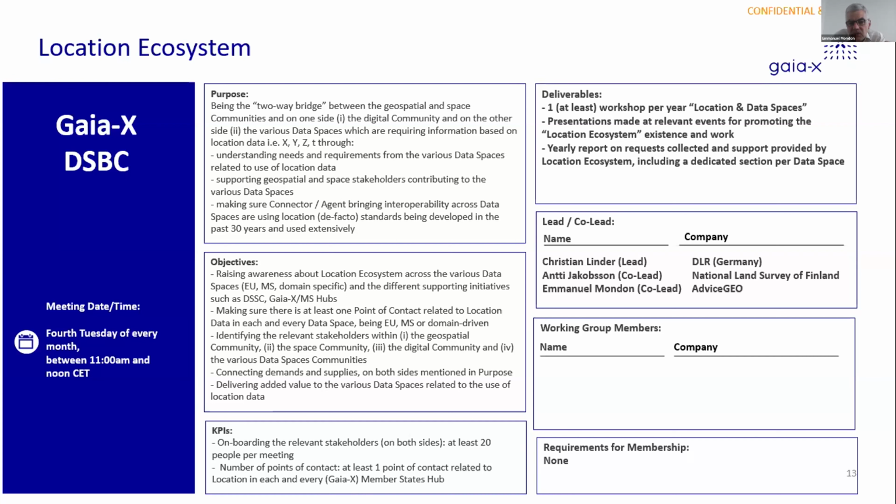So from an objective point of view, raising awareness, making sure we are in direct liaison with the various member states which are implementing data sharing initiatives, and as well with the various data spaces. What are the key performance indicators for this location ecosystem? So we are willing to onboard the relevant stakeholders, as I said, on both sides, described in the purpose.